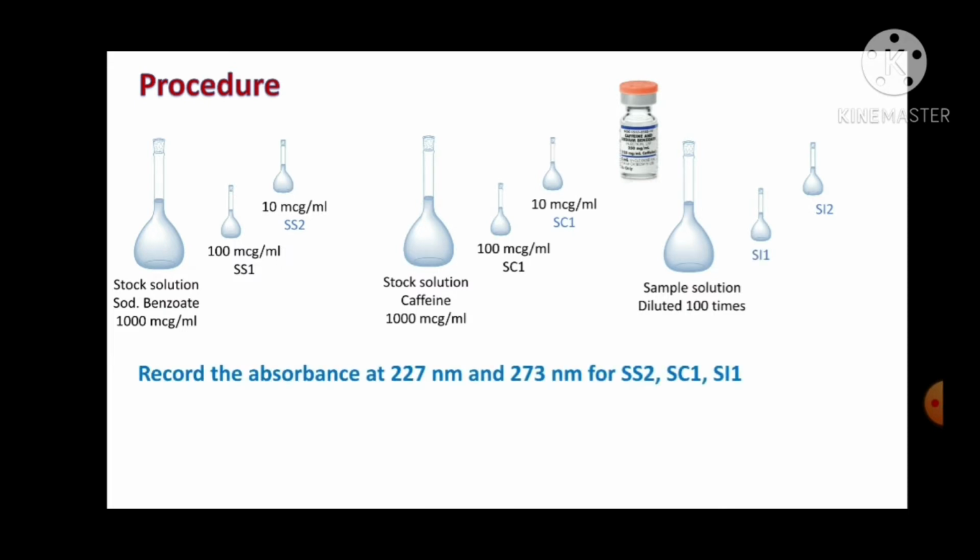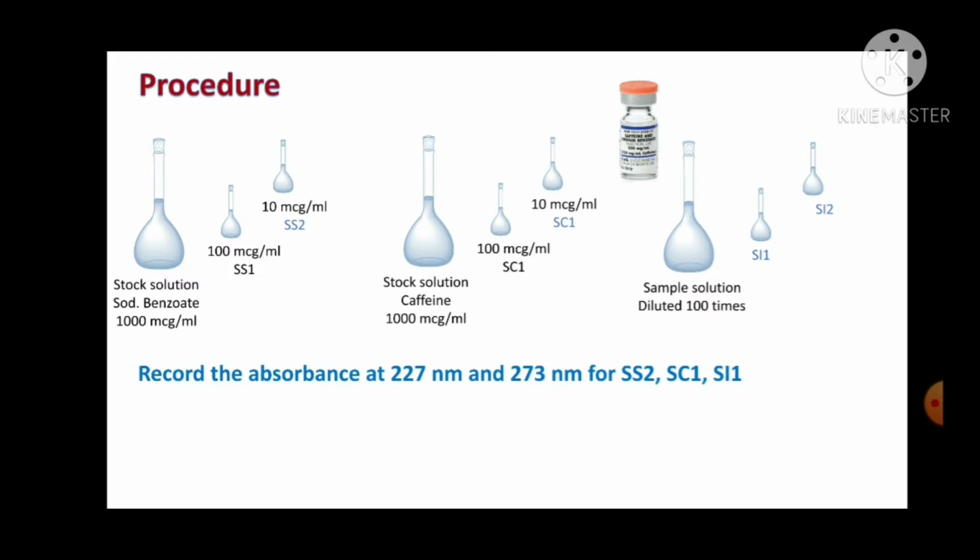We have to record the absorbance of these final solutions at 227 nanometer and 273 nanometer. 227 is the lambda max of sodium benzoate and 273 is the lambda max of caffeine. So this is the procedure.